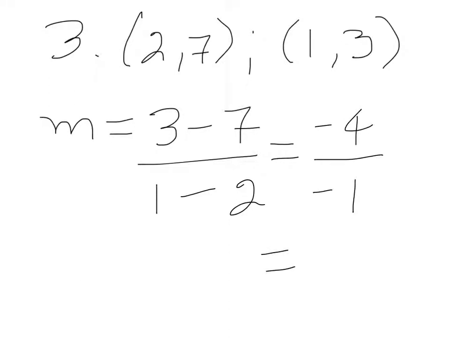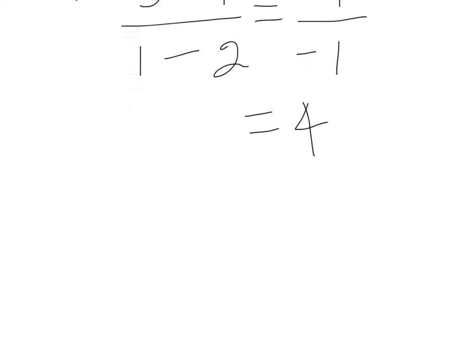And that equals positive 4. So my slope is 4, which, in terms of rise over run, is 4 over 1. In other words, for every 4 blocks that we go up, we're going to go 1 block to the right.